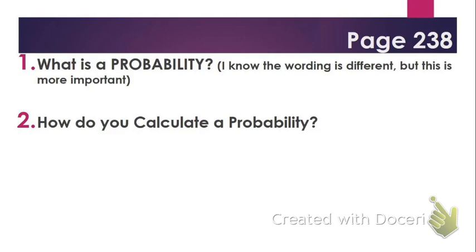So this is the chance that a given event will occur.